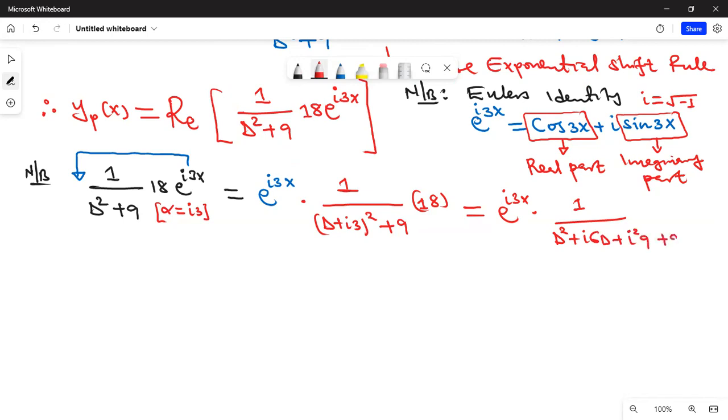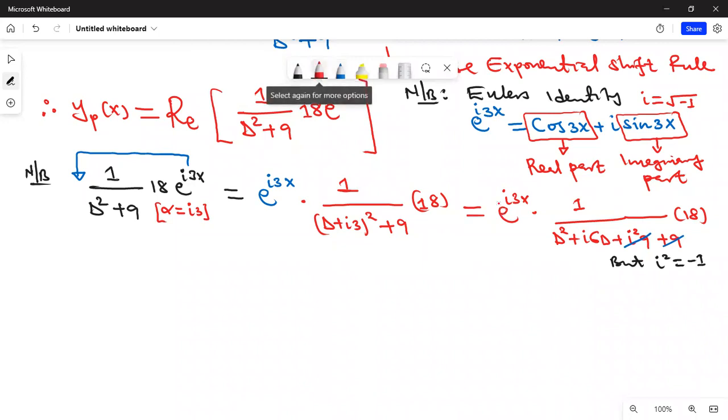Then I can see plus 9 operating on 18. Not I squared here, let me just rewrite that. It is i times 6D, then plus i squared times 9. But we have said i is the square root of -1. So what is i squared? i squared should be equal to -1. So this and this will cancel because i squared is -1. It's like we have -9 plus 9 that will cancel out.